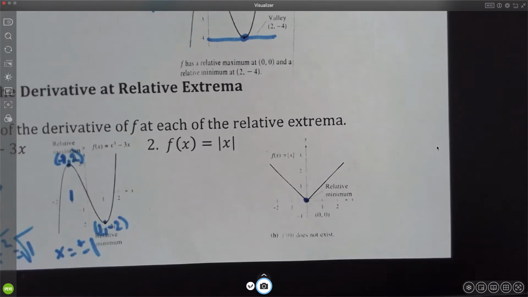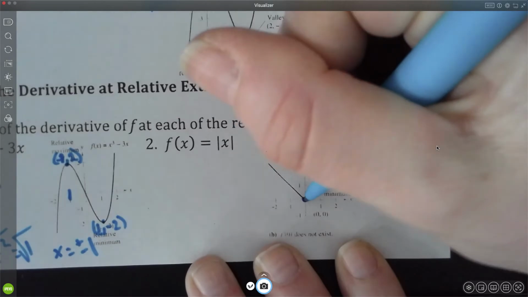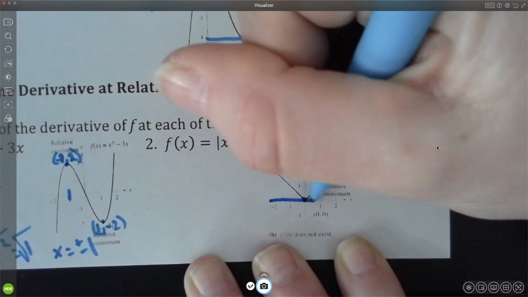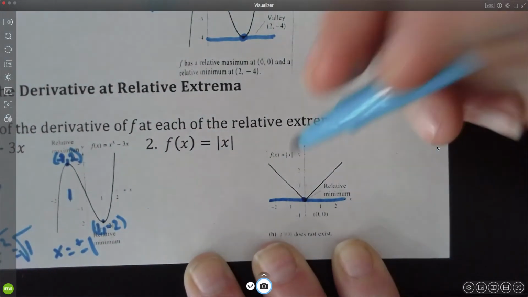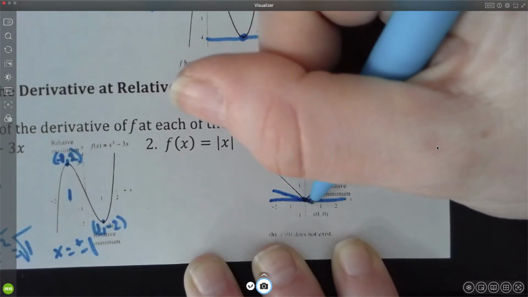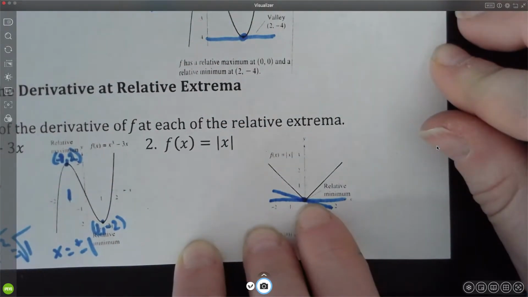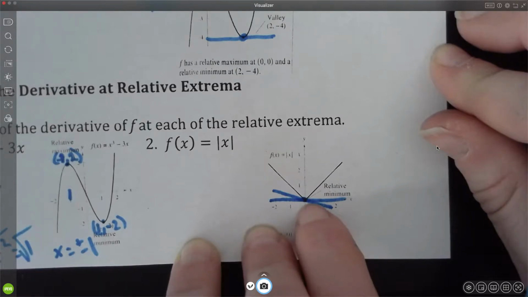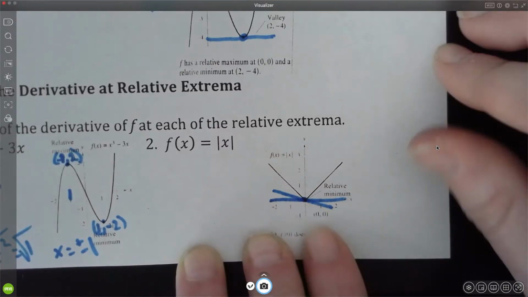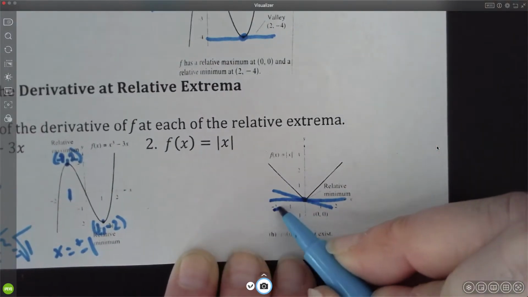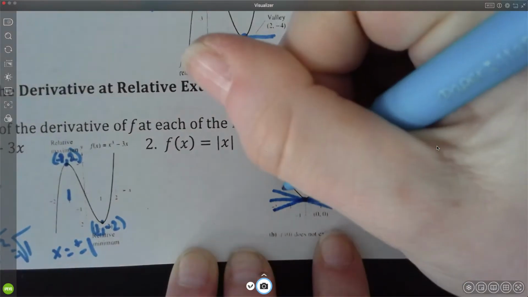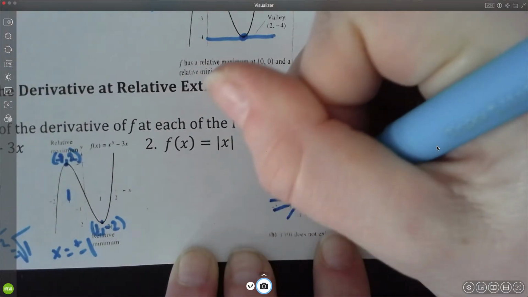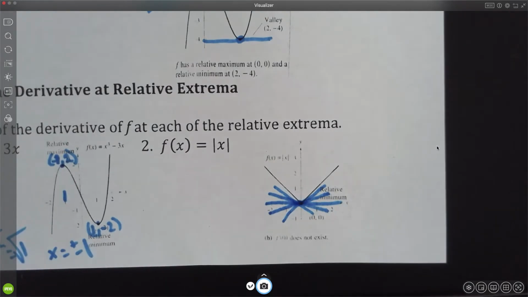If I try to draw a tangent line to this graph where it only touches at one point, I can draw it horizontally, or if I slant it just a little bit, it still only touches at one point because he is not curvy. He is coming to a tip. If I slant him this way, he would come to a tip. There would be an infinite number of lines that only touch him at one point because he comes to a tip and not a curve, okay?